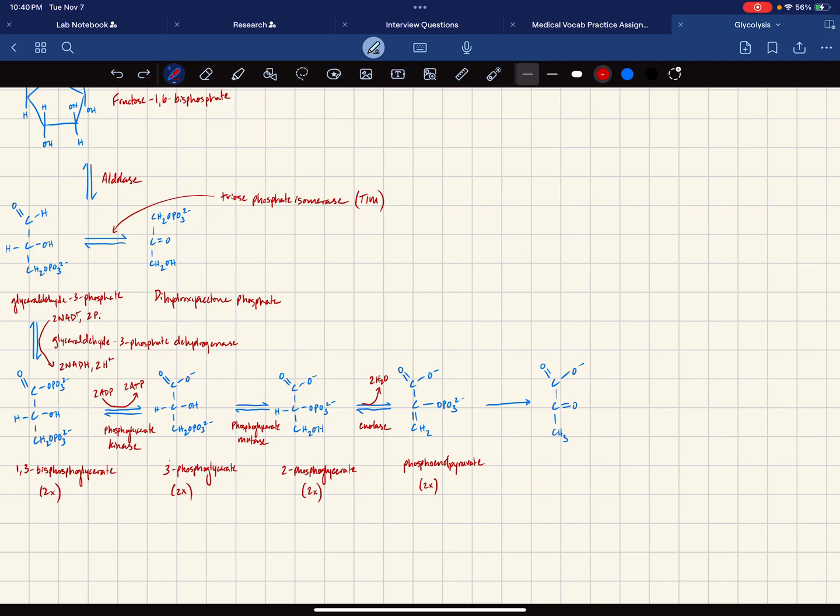So pyruvate kinase will have 2 ADP go to 2 ATP, and we're left with 2 pyruvates.